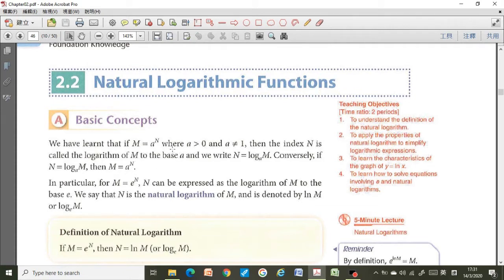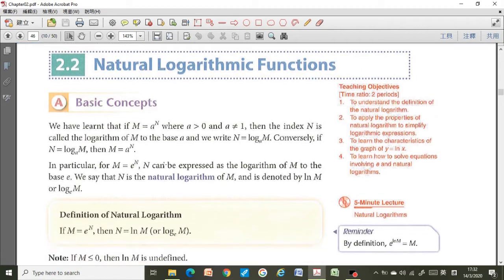But now we want to talk about a special base. It is called e, which you learned before. If you use this e as the base, then it is called the natural logarithm, and will be denoted by log base e. But in your calculator, we will write it as ln. So from now on, we will use ln to represent the natural log.